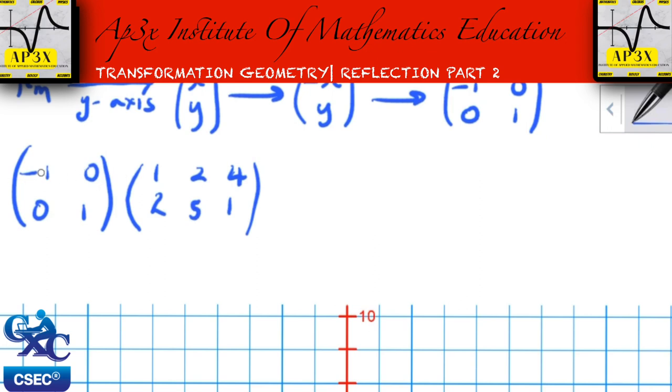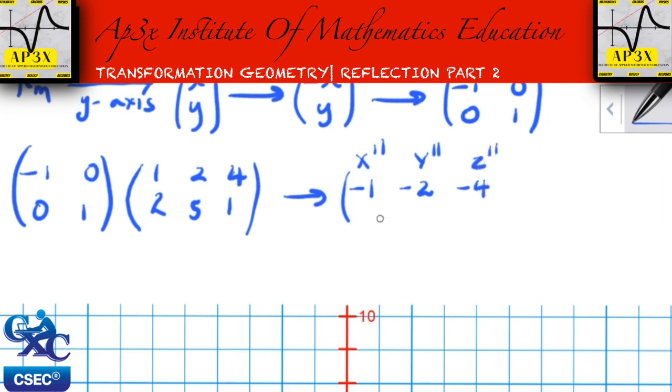So then row by column, that is row by column. So this -1 here will multiply the top numbers. So this is going to be equal to -1 times 1 is -1. That's going to be my x double prime here. And then we're going to have -1 times 2, that's -2, and that's going to be the x coordinate of my y double prime, and then of course -1 times 4, that's -4, that's going to be the x coordinate value of my z double prime.